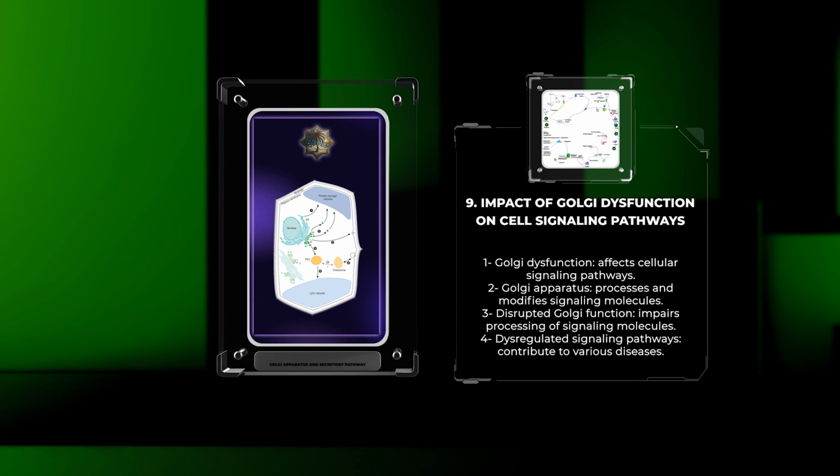Golgi localized enzymes, such as glycosyltransferases and sulfotransferases, modify these signaling molecules, altering their activity, stability, and cellular localization. Disruption of Golgi function can impair the processing of signaling molecules, leading to aberrant signaling cascades and cellular responses. These dysregulated signaling pathways can contribute to the development of various diseases, including cancer, neurodegenerative disorders, and immune disorders.